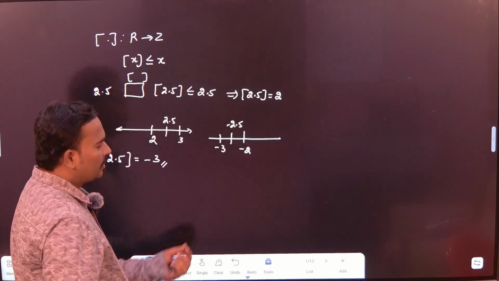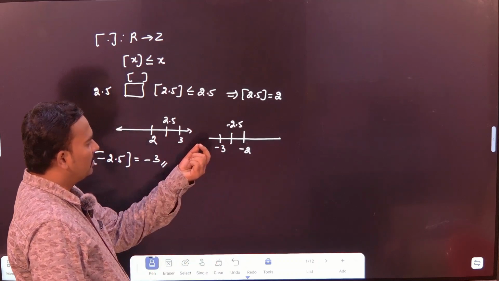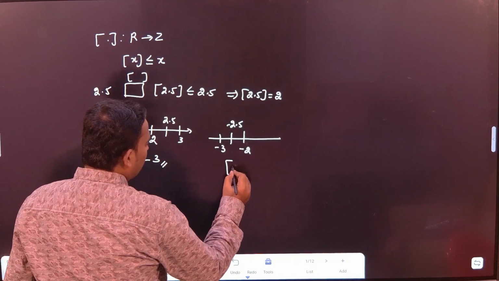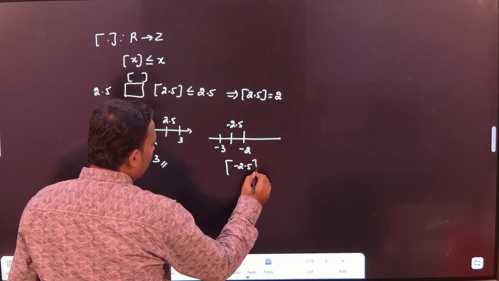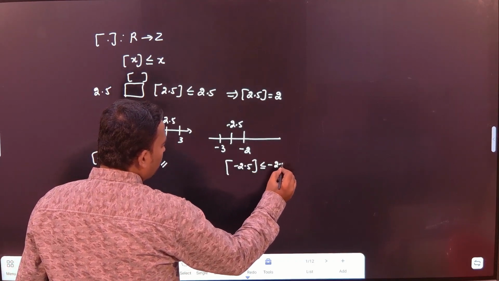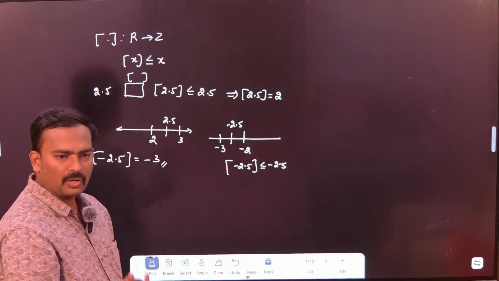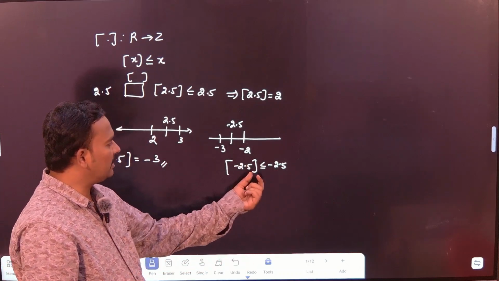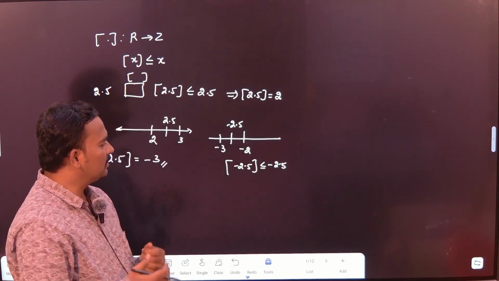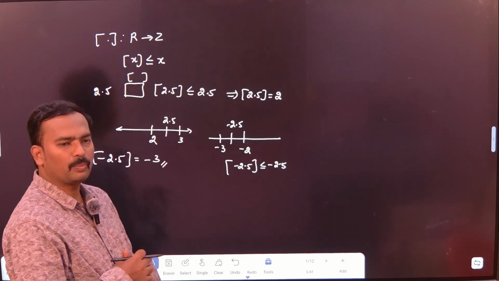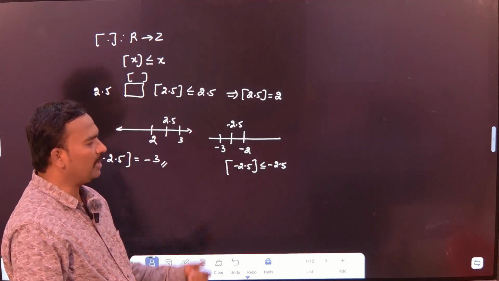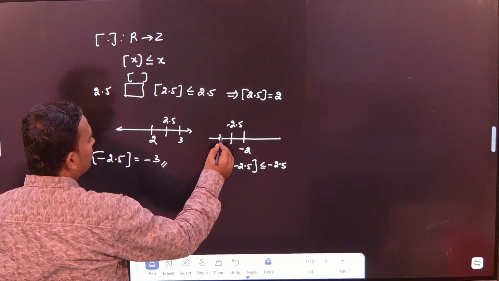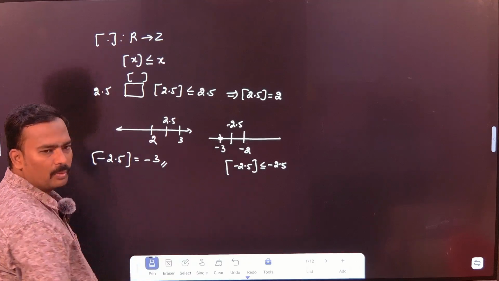We need the greatest integer less than or equal to minus 2.5. Minus 2.5 is not an integer. Therefore, the greatest integer less than or equal to minus 2.5 is minus 3, right? This is your greatest integer. I hope everyone understood, right?